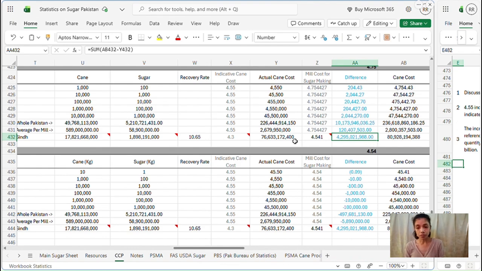That means the cane costed actually this, and the sugar produced was actually in this quantity. This could mean the canes were much more efficient. They were able to extract more sucrose content from the sugar cane, and instead of producing the same value for the cane, they produced more, and that increased value was around 4.2 billion in terms of rupees.